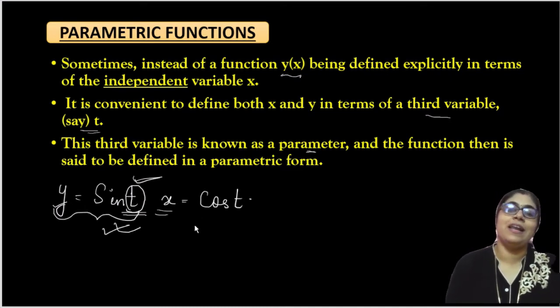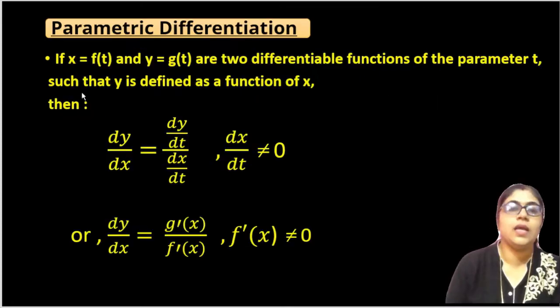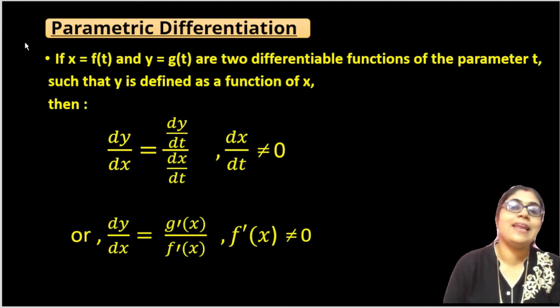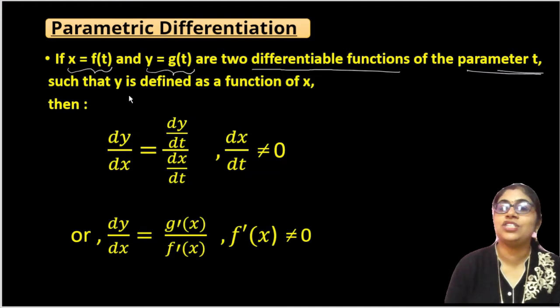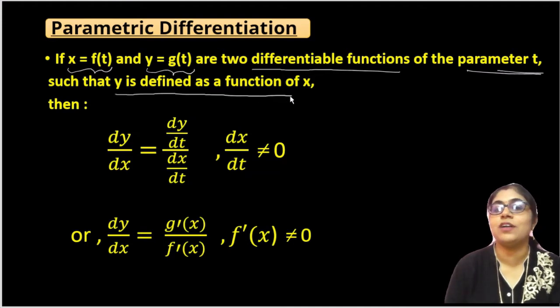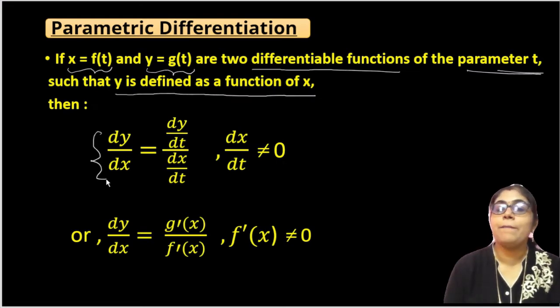So today we'll learn how to differentiate this type of parametric function. Before moving to questions, let's learn how to differentiate a parametric function. If x is equal to f(t) and y is equal to g(t) are two differentiable functions of the parameter t such that y is defined as a function of x, then how do we find dy/dx?